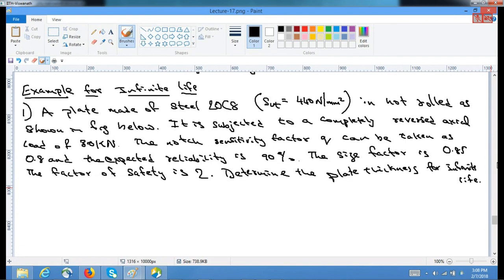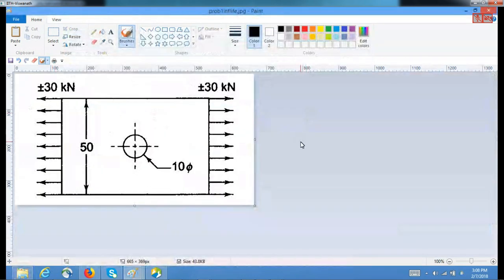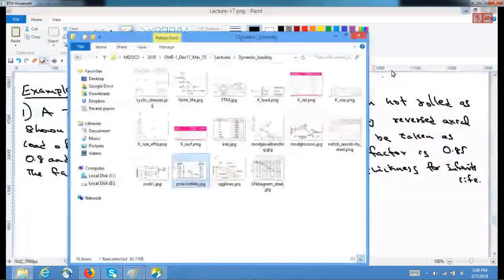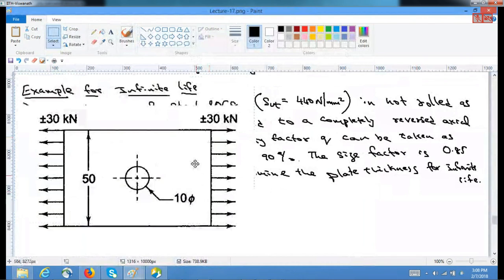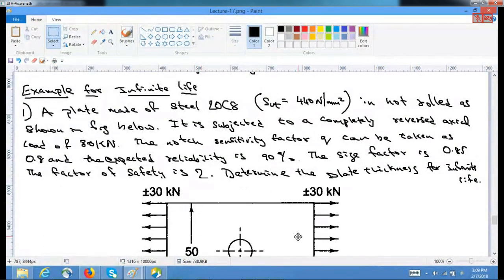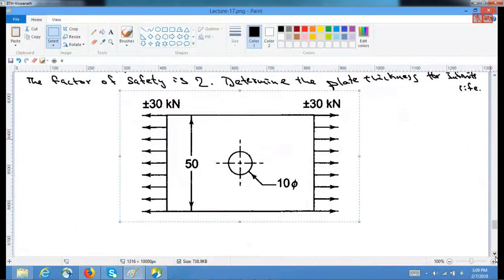So this is the problem at hand. The total load is varying from plus 30 kilonewtons to minus 30 kilonewtons.